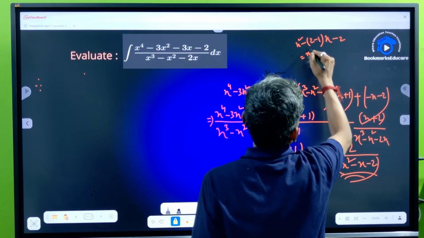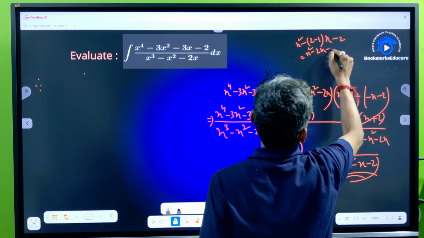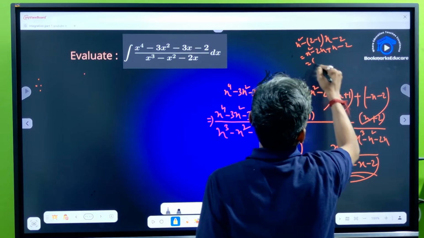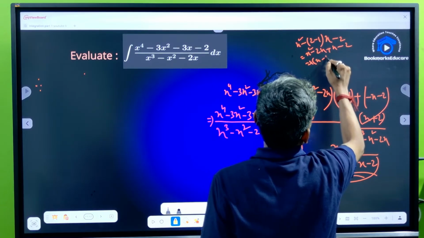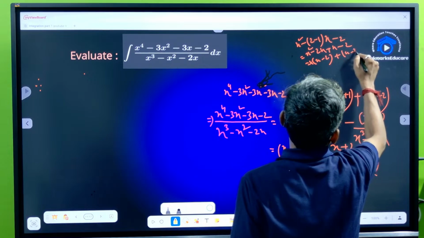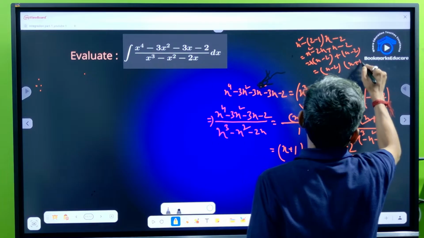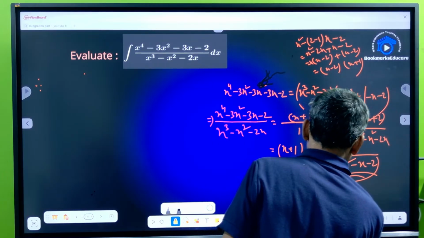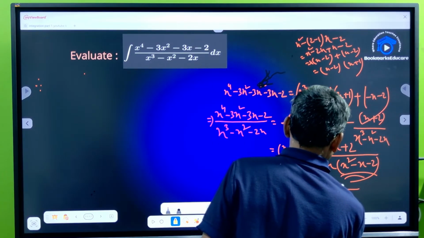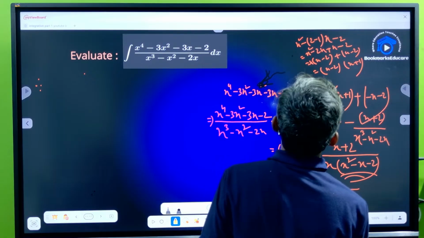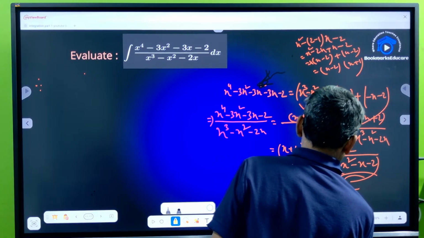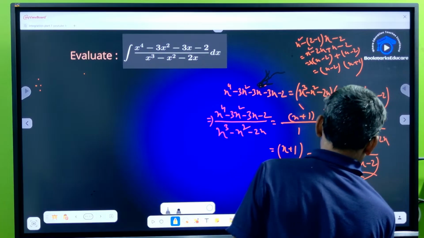So x square minus 2x plus x minus 2. So x minus 2 plus x minus 2. So x minus 2 into x plus 1. So x into x minus 2 into x plus 1.